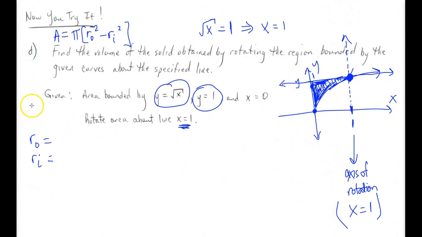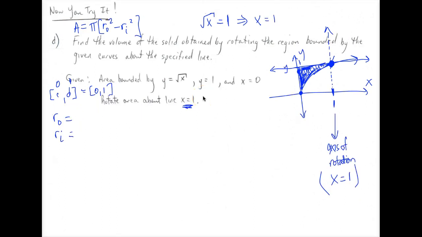So what that tells me also is that when we look at our closed interval to find the area, which we're calling c and d, c is going to be 0 and d is going to be 1. So we basically know what our limits of integration are. Okay, so now let's try to define what our outer radius and our inner radius are.